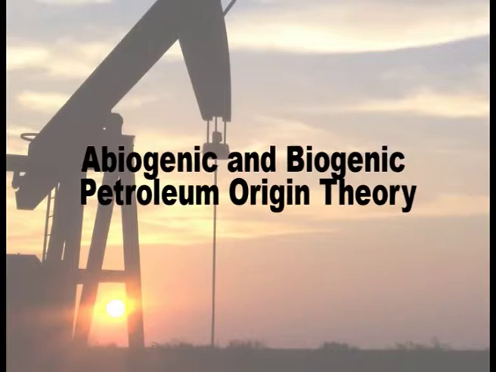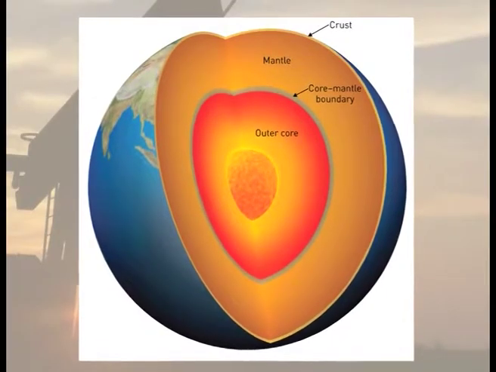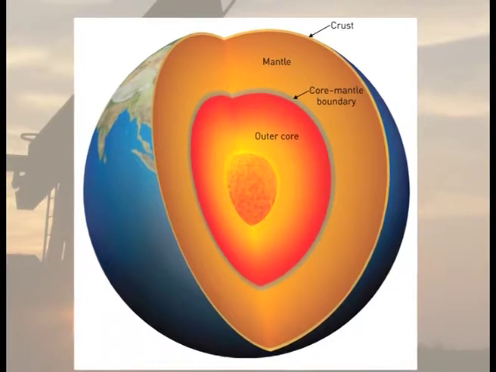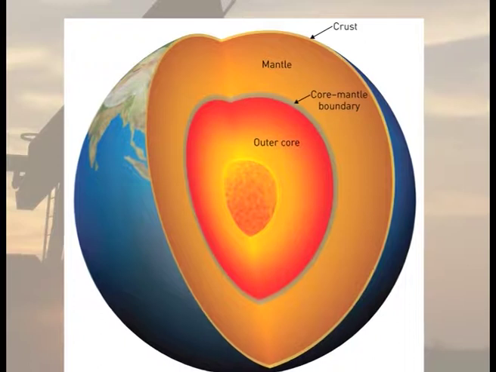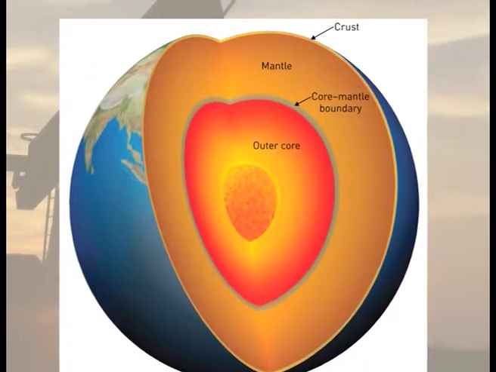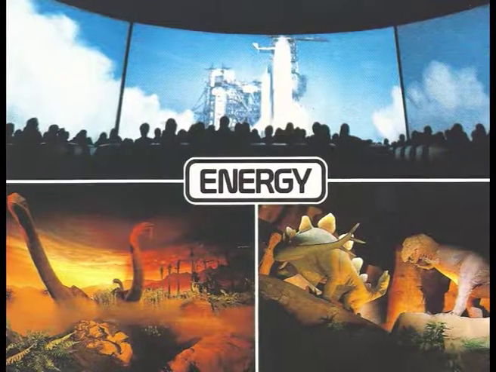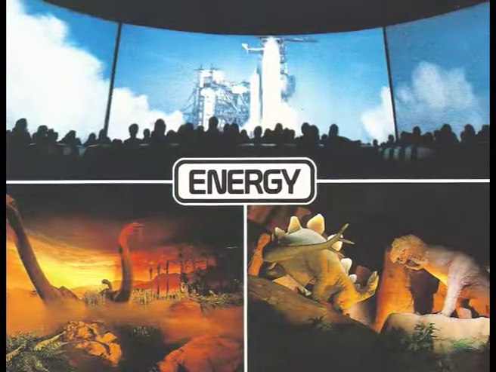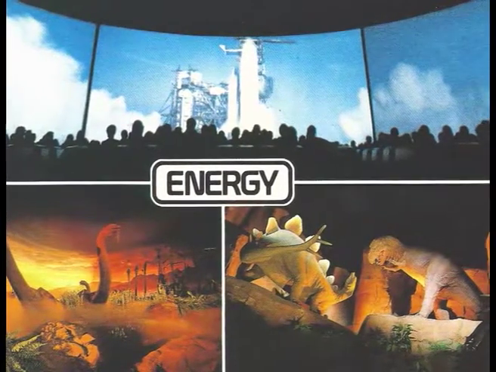Abiogenic and biogenic petroleum origin theory. The hypothesis of abiogenic petroleum origin holds that petroleum was formed by primordial non-biological processes deep in the earth's crust and mantle. It contradicts the more widely held view that petroleum is a fossil fuel produced from buried remains of ancient living organisms.